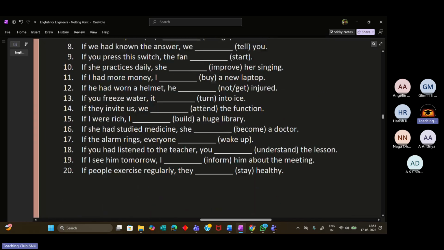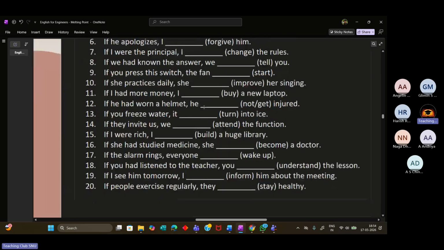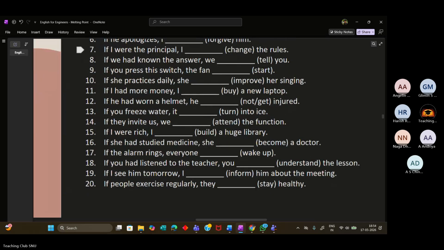Let's take one more question before we move on to the next concept. The people exercise regularly, they dash healthy. People exercise, so this is in present, sorry.